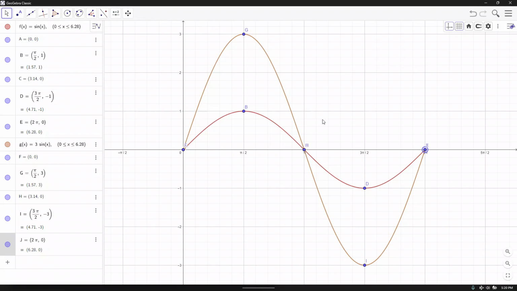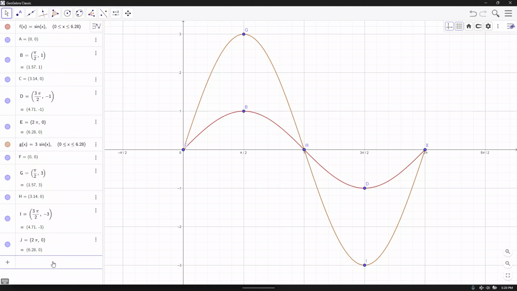All right, so here is the thing, guys. Let me just show you a few technical aspects of how to go about GeoGebra. Number one, you can't simply type f of x equals sine x the way it is here. So let me show you. Let me type another one right here.